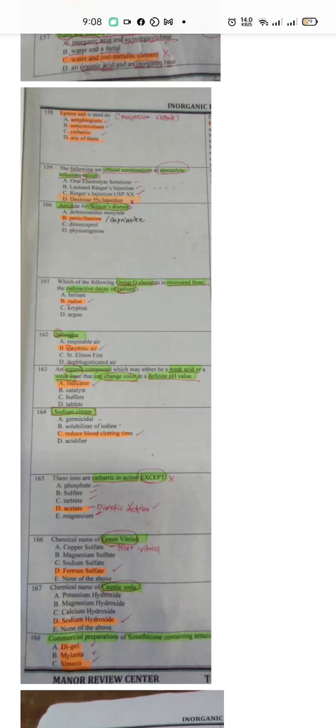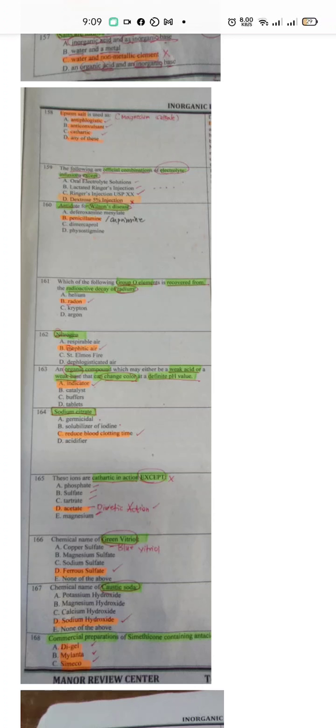So, the answer here is letter D, any of this. So, these are the three uses of your Epsom salt, your antiphlogistic, anticonvulsant, and cathartic.